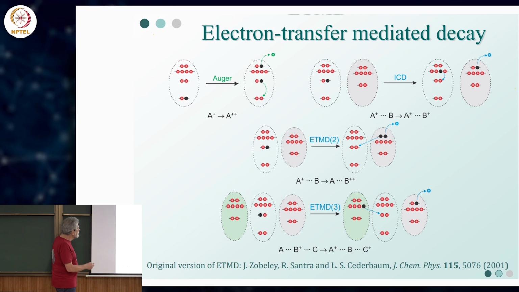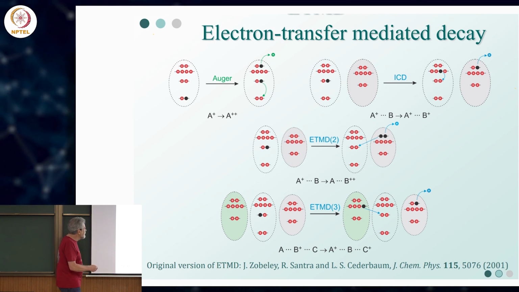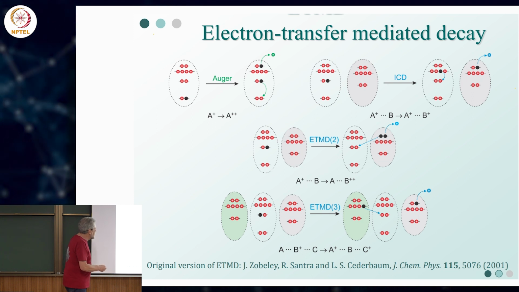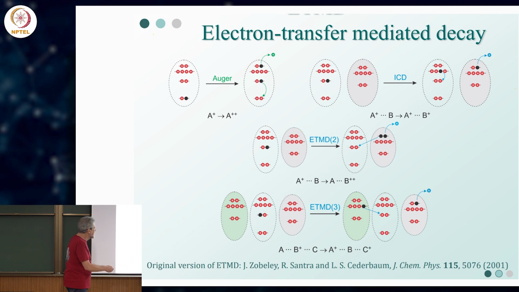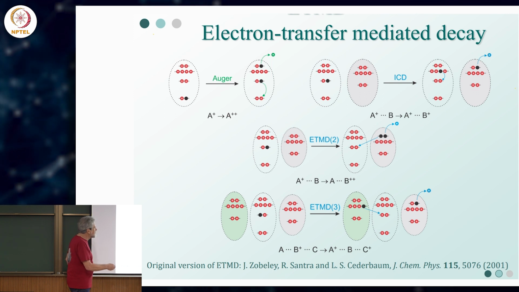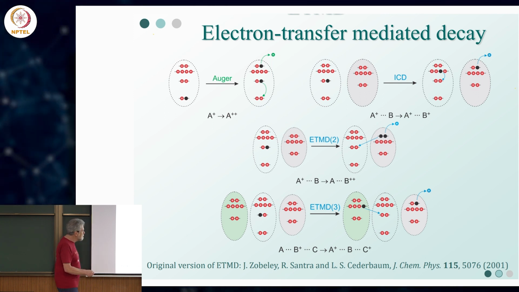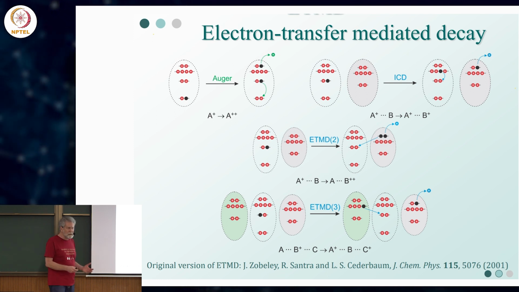So you have a hole, the same state, but you have a different neighbor. It must be a different neighbor. Now, the neighbor donates an electron, neutralizes this excited state, and the excess energy, if there is, is used to kick out another electron. So you start with A plus B, and you end up with A neutral and B double plus.